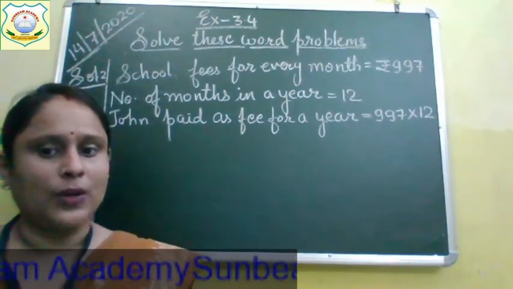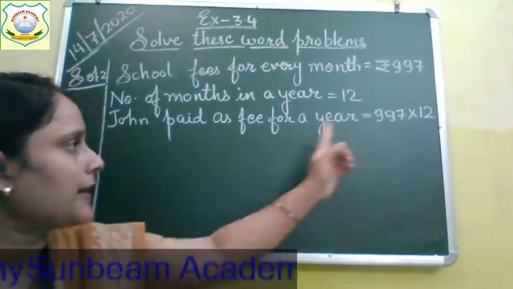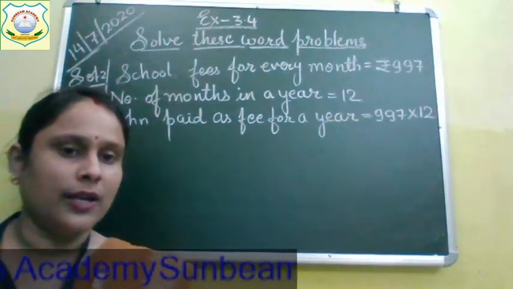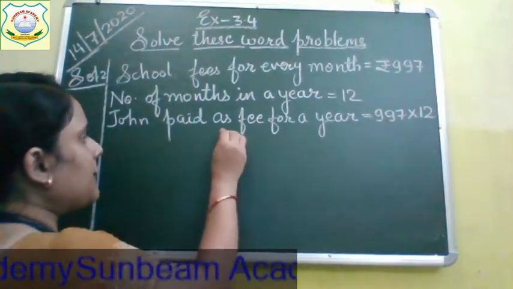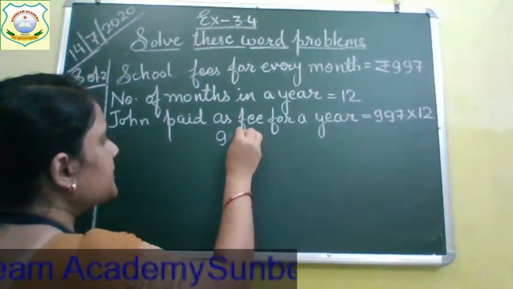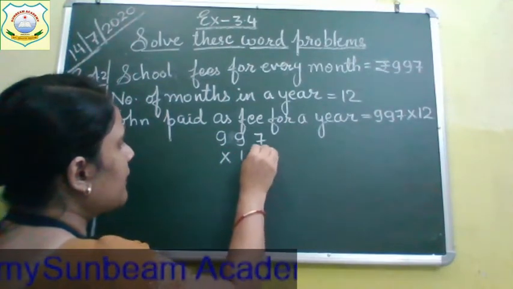We have to calculate John's 12-month fees. Okay, so we will multiply his monthly fees to 12 to calculate his annual fees. So now let's multiply 997 to 12 and let's see how much we will get. 997 into 12.